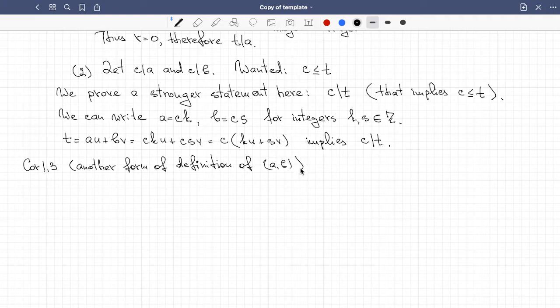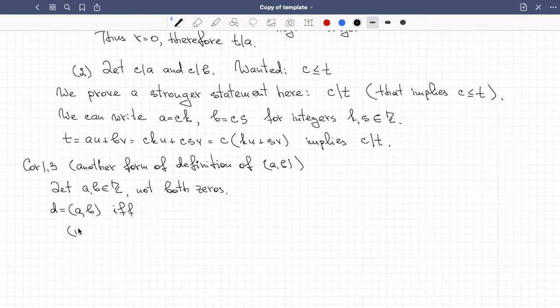Namely, it says that for two integers, not both zeros, D is the greatest common divisor of these two integers if and only if the following two conditions are satisfied.